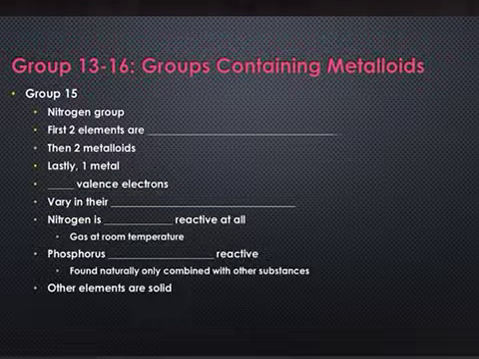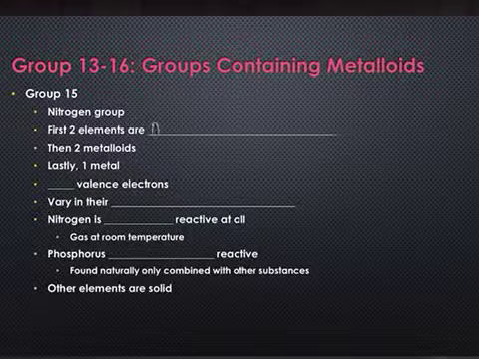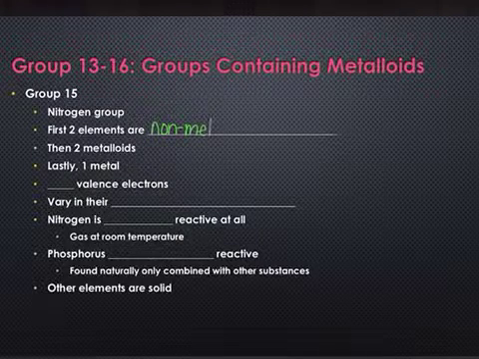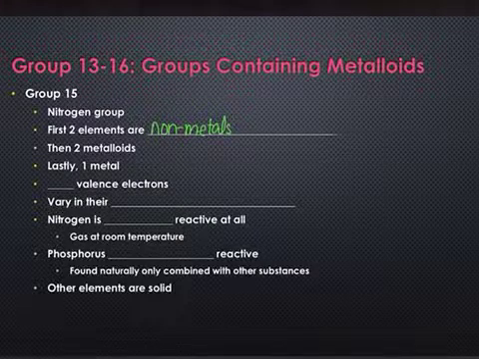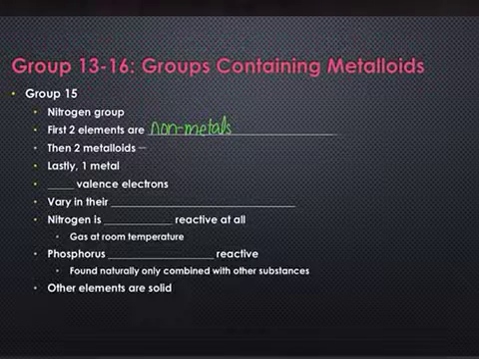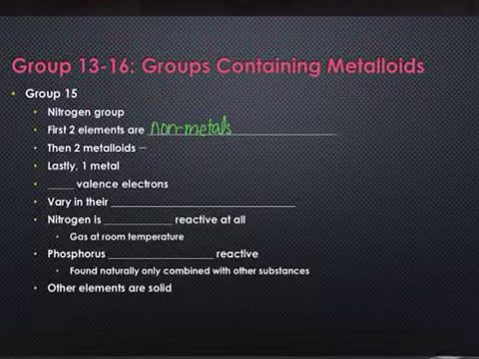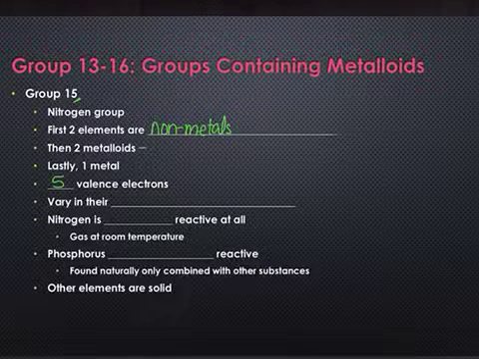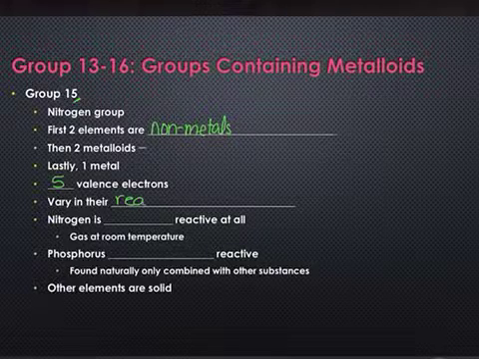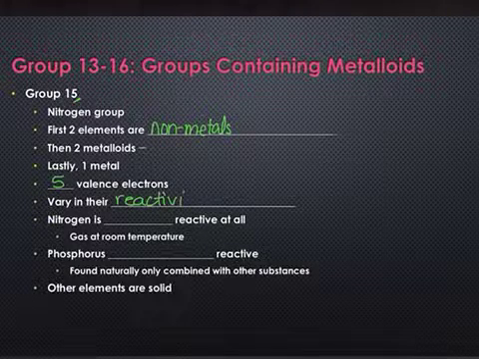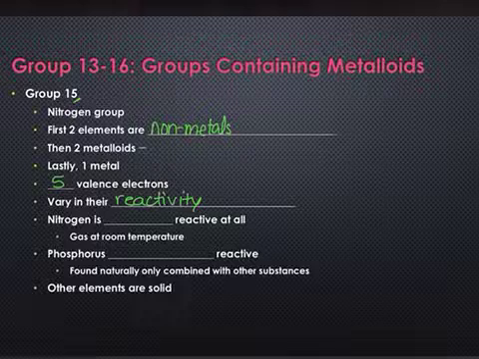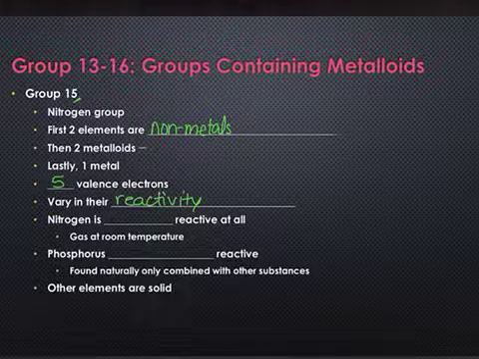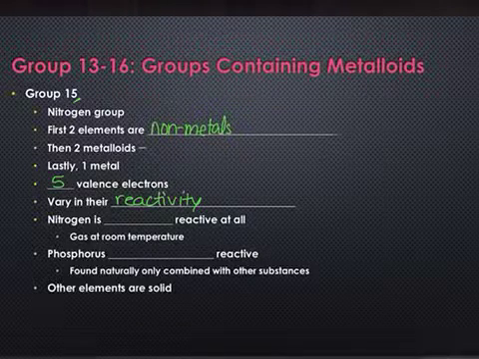Group 15 is called the nitrogen group. Here the first two elements are nonmetals, and then we have 2 metalloids, and then the last one is a metal. Group 15, the 5 indicating 5 valence electrons, and their reactivity varies, meaning some of the elements in this group are very reactive while others are not.